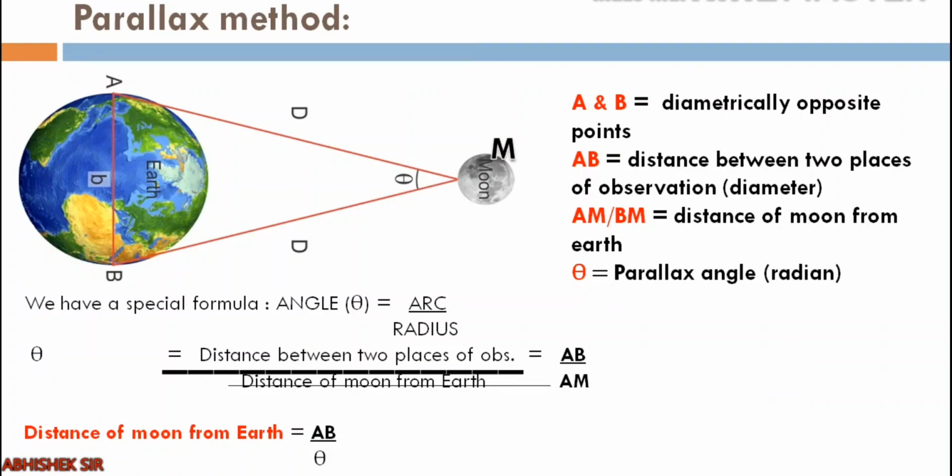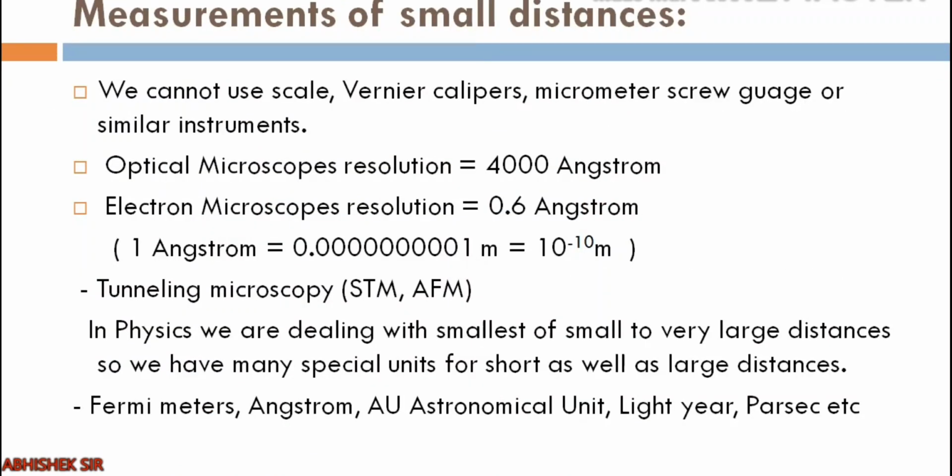If we have some numericals, we will solve them for this method so that you can understand it better. Clear? So just remember that we have a very small formula, angle equals arc upon radius. If you know any two, you can get the third one. Clear?